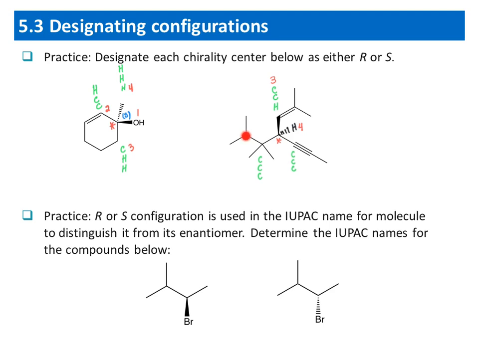So we need to look at this carbon. This carbon is connected to 2 carbons and 1 hydrogen. So this is carbon, carbon, hydrogen. And if you look at this carbon, it is connected to 1 carbon. Now, I told you that with double and triple bonds, you need to count the first bond only once, and the other bonds you need to count as duplicates. So this carbon is connected to 1, 2, and 3 carbons.